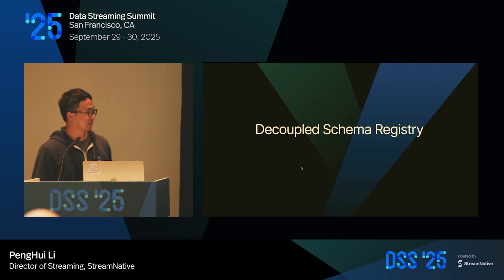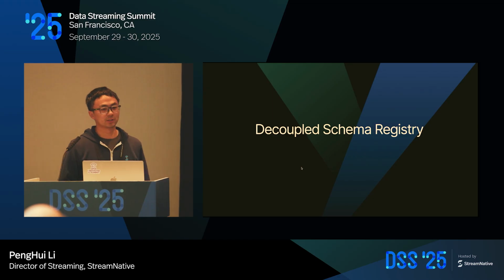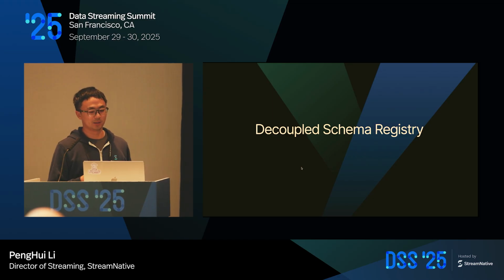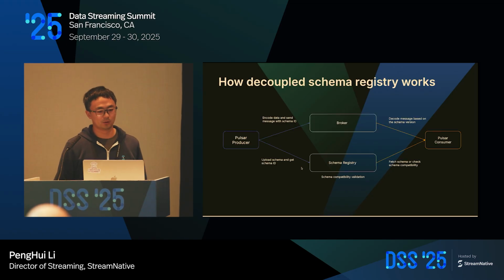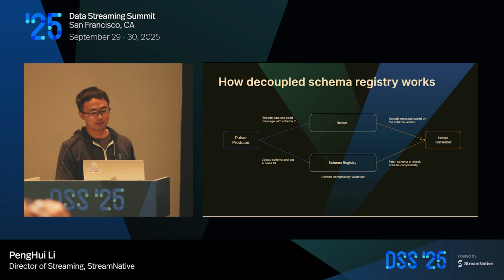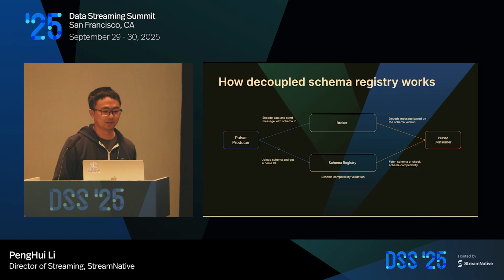So yeah, this is the major reason why we decided to add a decoupled schema registry from 4.1, which is the latest release from the Pulsar community. From the producer and the consumer side, that is the most changed part in this solution.